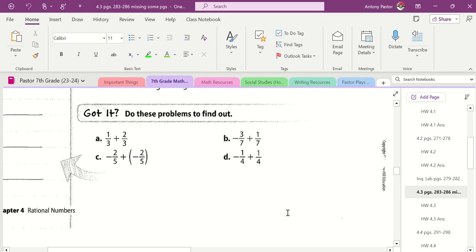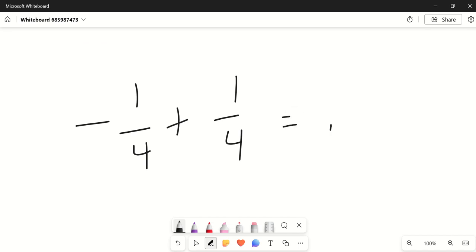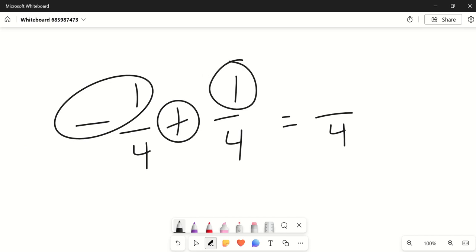And our last example, -1/4 plus 1/4. Now, there's a little bit of a trick here. You're going to have a denominator of 4 for now, -1 plus +1.